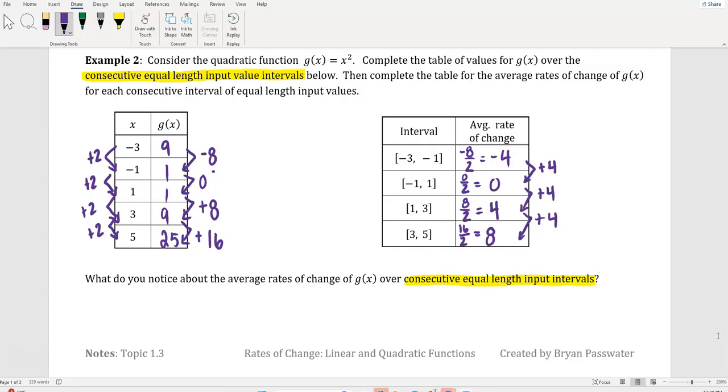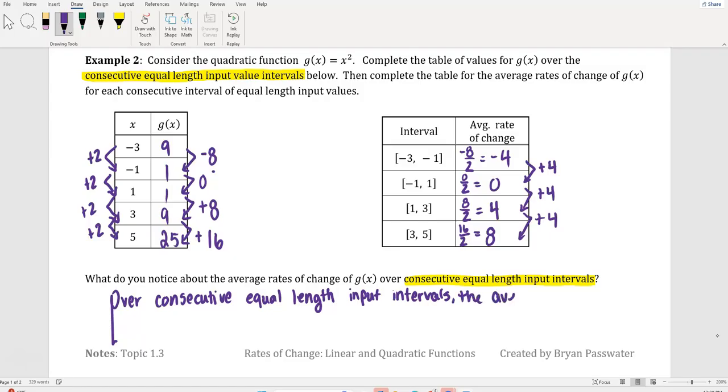We could say something like: over consecutive equal length input intervals, the average rate of change is increasing at a constant rate.